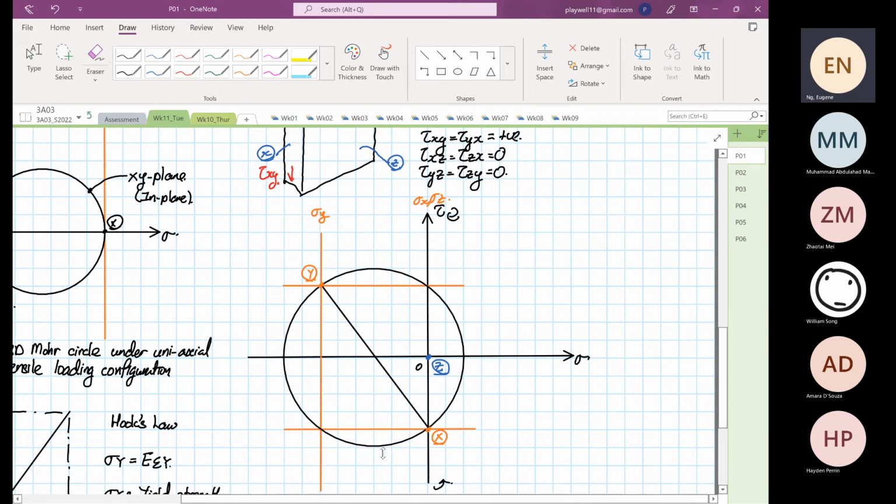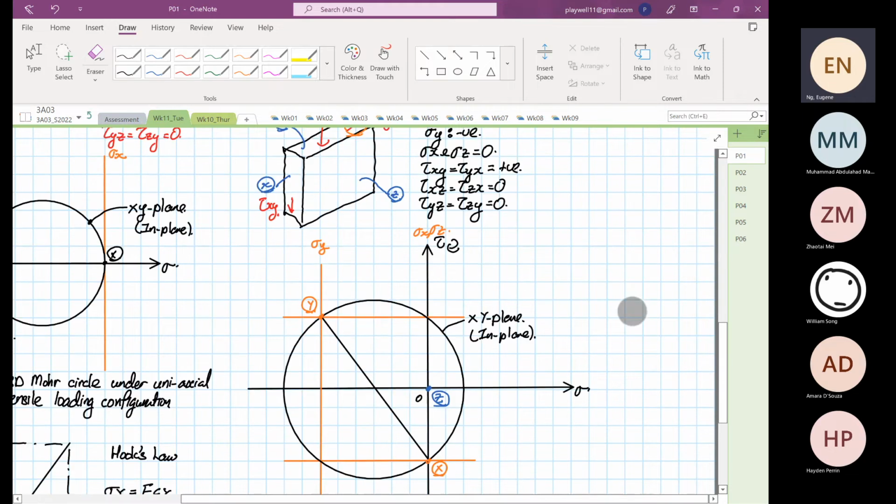So we are aware that this Mohr circle is for our XY plane. So we know that this is our in plane because the surface area is the largest.